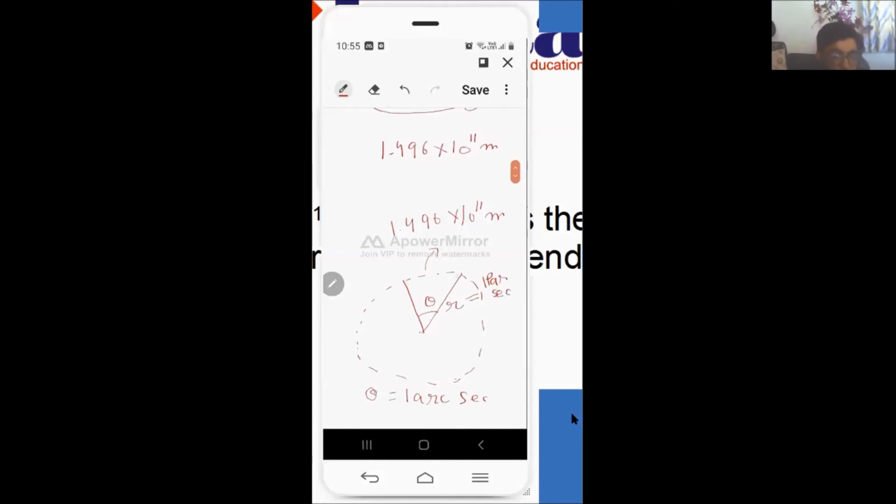Remember, this arc length which I've shown you, the magnified length, is 1.496 into 10 to the power 11 meter. The theta is 1 arc second.